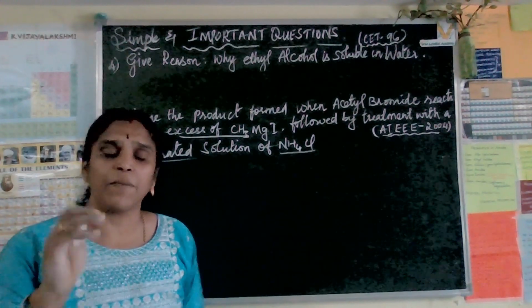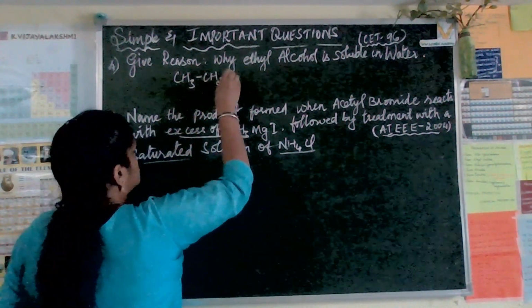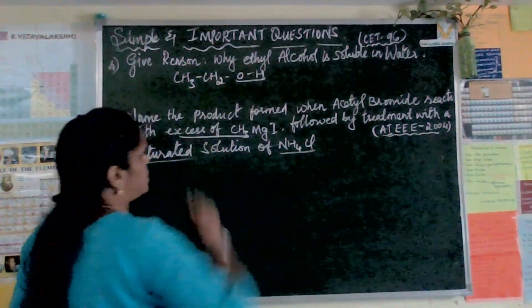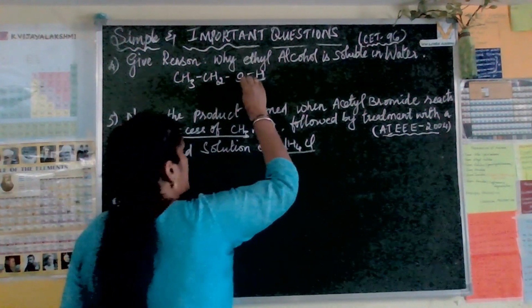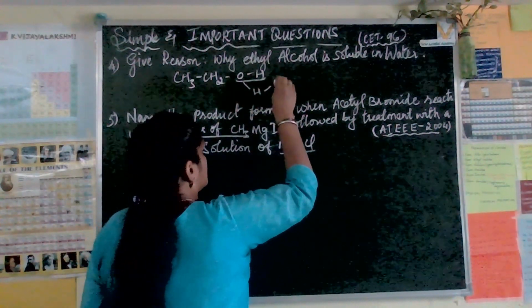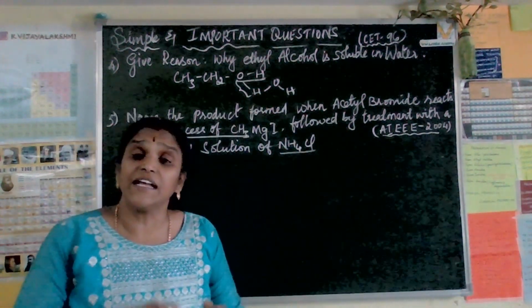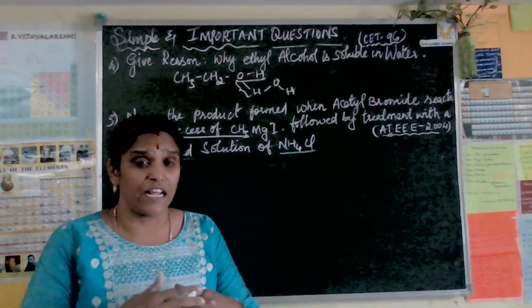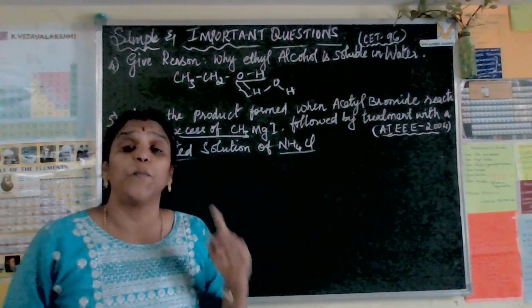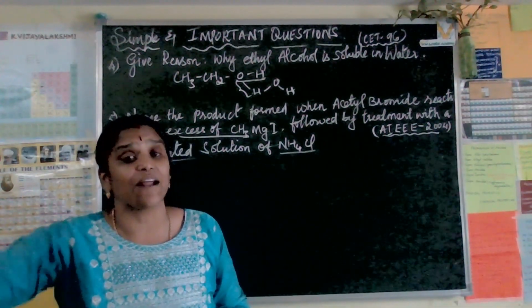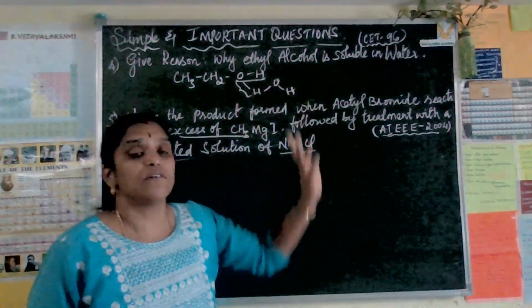First, the number of carbons is very small, because this is ethyl alcohol, CH3CH2OH, and a hydroxyl group is present which connects with water molecules. Second, intermolecular hydrogen bond formation, which is very strong, like brother and sister. Third, polarity, due to high electronegativity. So these are the three reasons why ethyl alcohol is soluble in water.